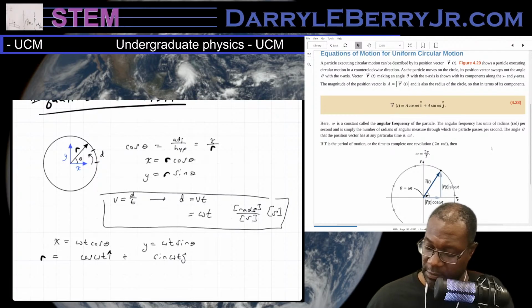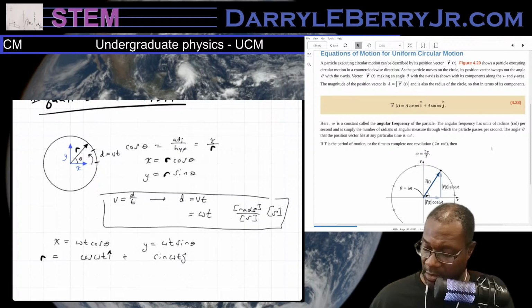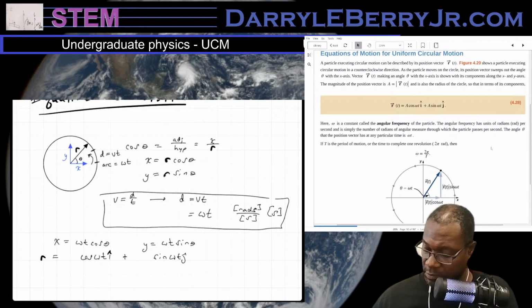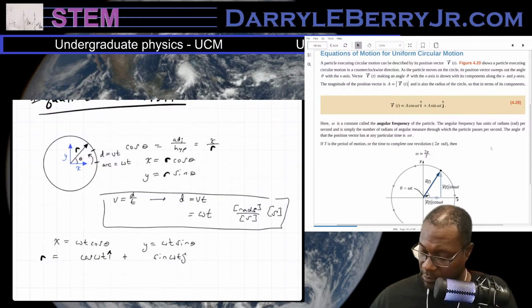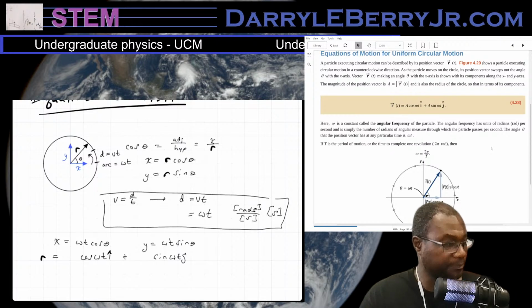The d equals vt is actually what circumference or what arc, remember, the arc equals omega t. And technically it's still not the length, it's just the angles. Let me look at this.